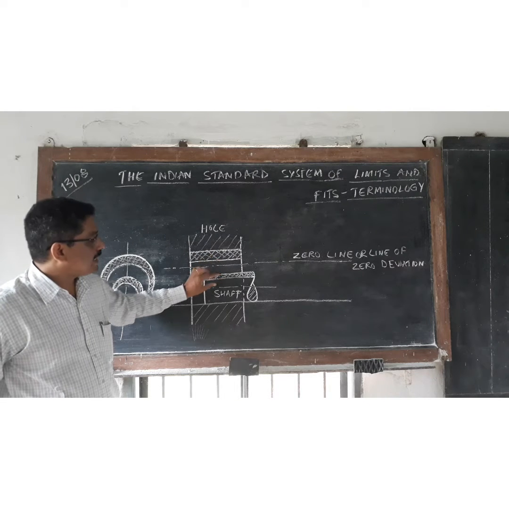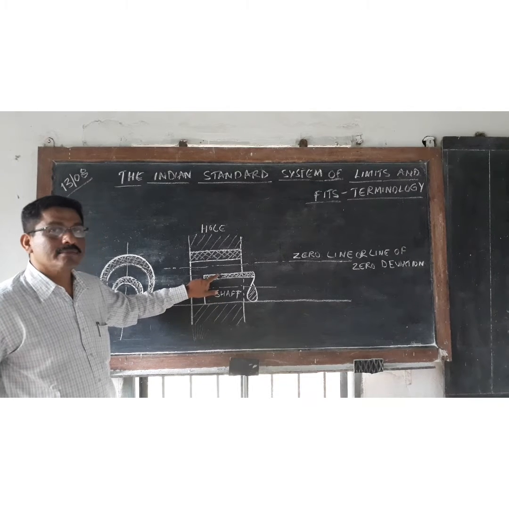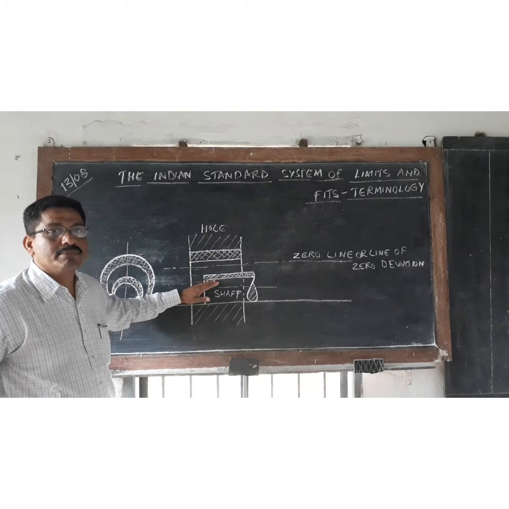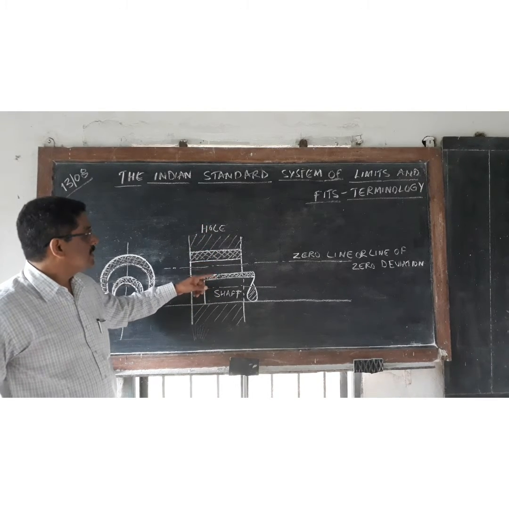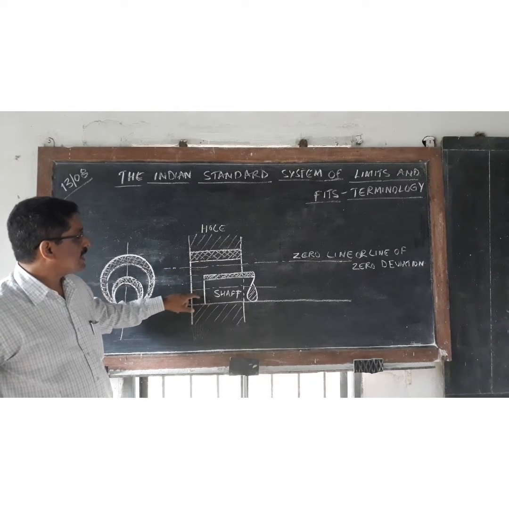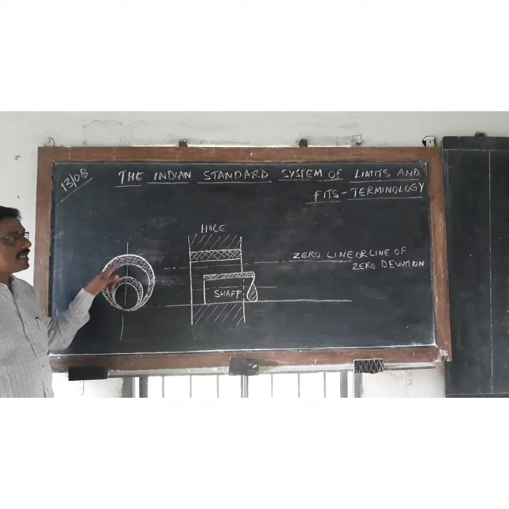You can take the shaft up to here, or else you can take the shaft up to here. Either it may be the lower deviation or else the upper deviation. Same for the hole: you can take up to here or up to here. This is the side view you can see here.